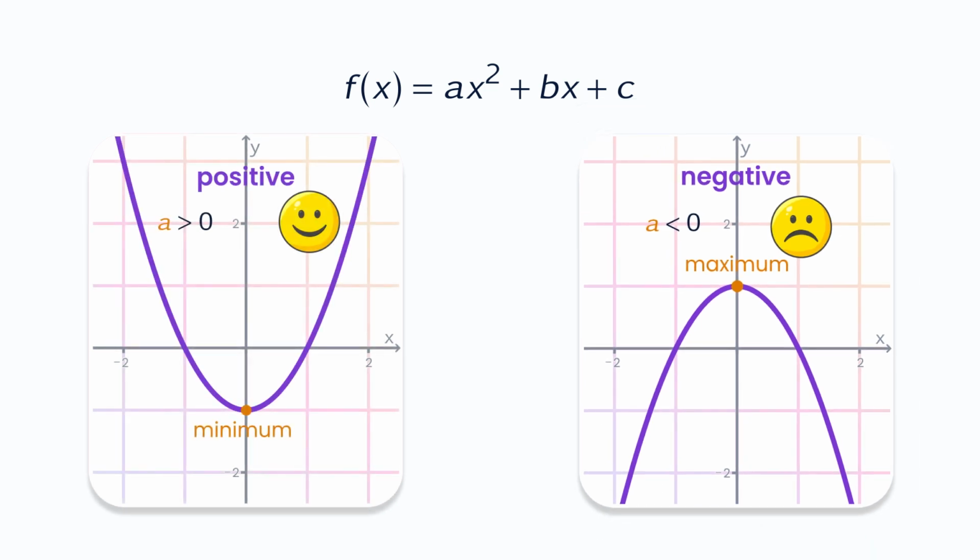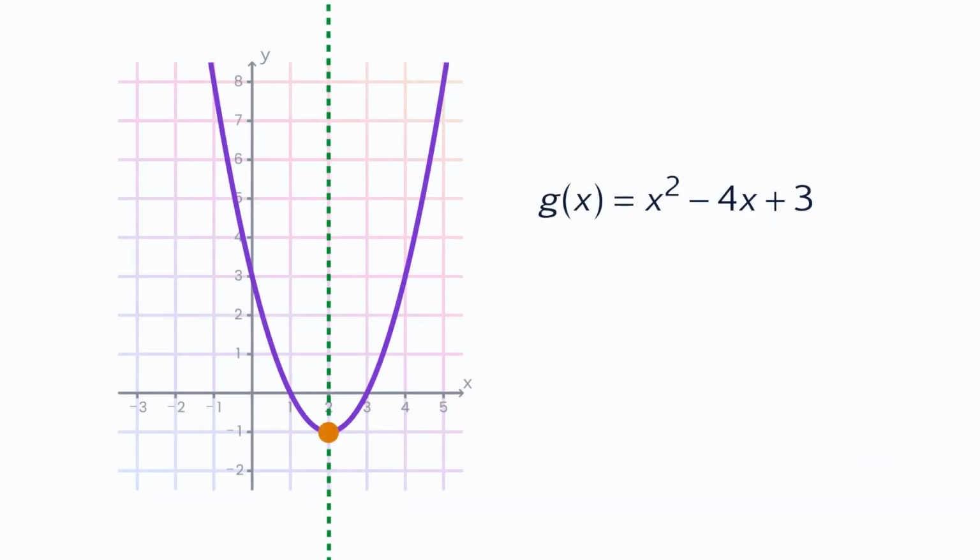You find the minimum or maximum value of the function by inserting the x value of the symmetry line into the function's expression. Let's continue with the previous example, g of x equals x squared minus 4x plus 3. In this case, a is 1, so positive. That means this function has a minimum. Earlier, you found that the symmetry line was x equals 2 when you used the axis of symmetry formula.